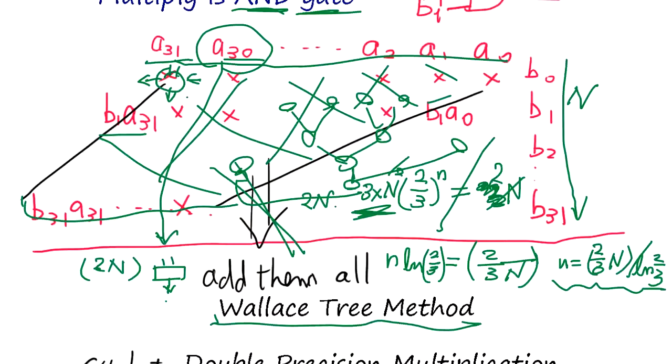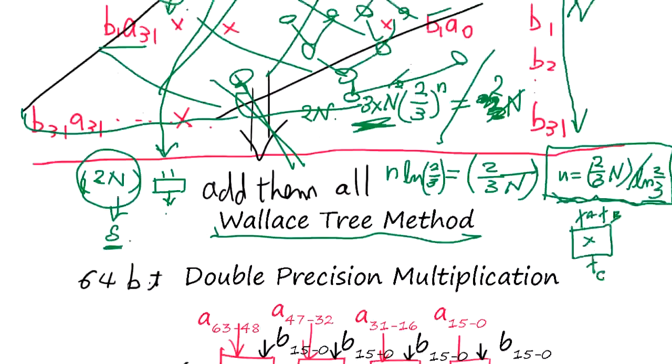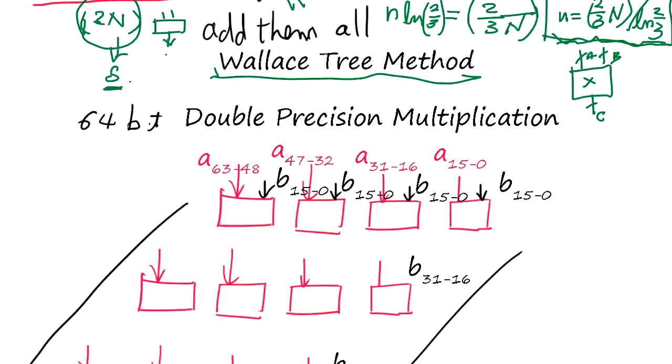So in order to reduce down to the last 2n output, which is the sum, the result of the multiplication, you need to go through this many stages, and that's going to be the delay time from multiplier inputs A, B, and C.